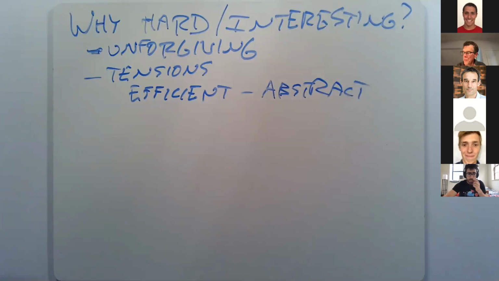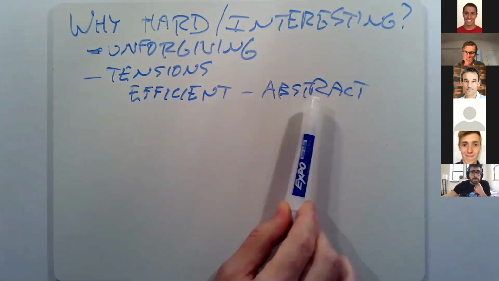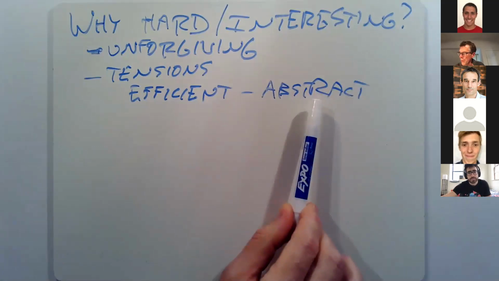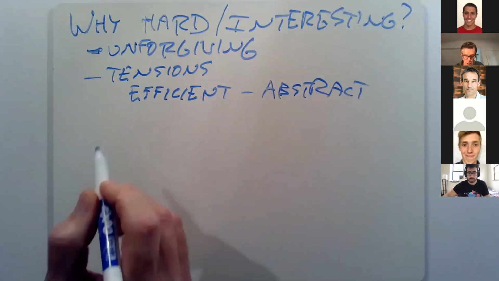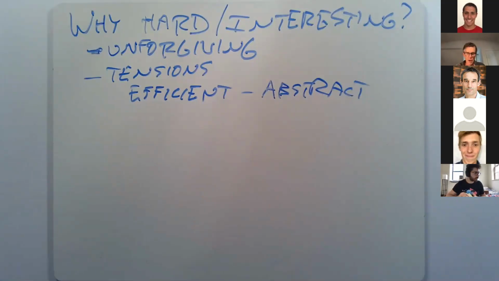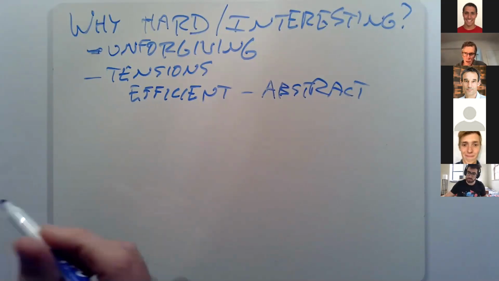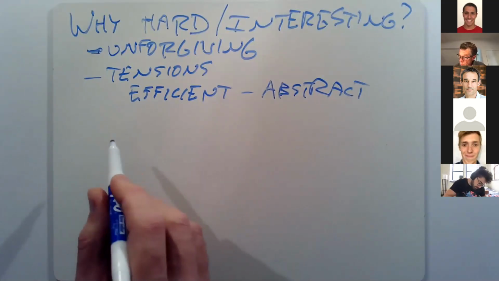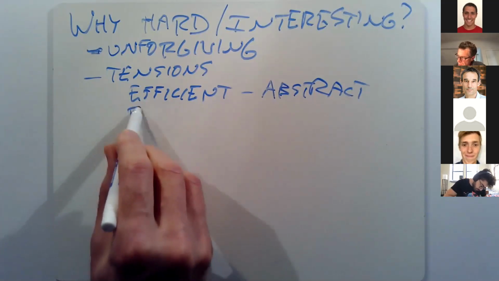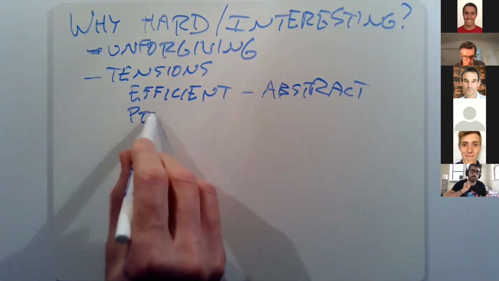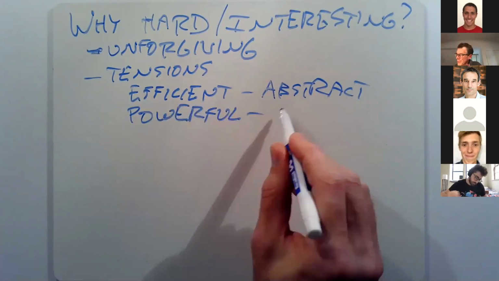It's a neat trick to provide abstract interfaces that are simple and portable, but also efficient. Another tension is that we'd like to provide very powerful operating system services so that the operating system can shoulder a lot of the burden of running programs. So we'd like powerful operating system services, but we also want to have simple interfaces.